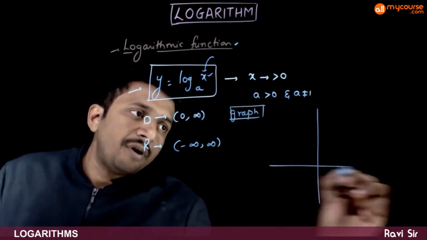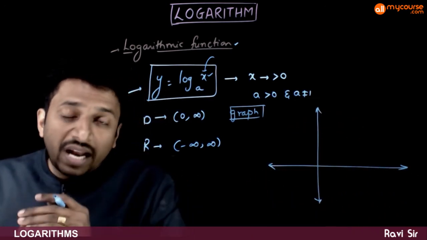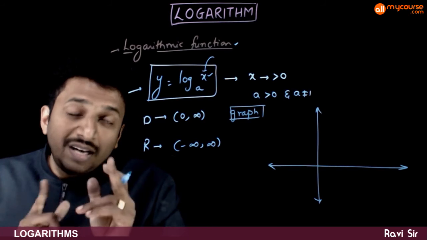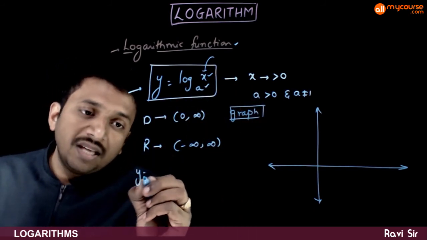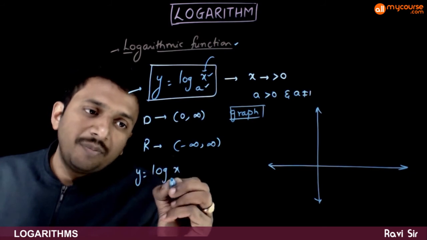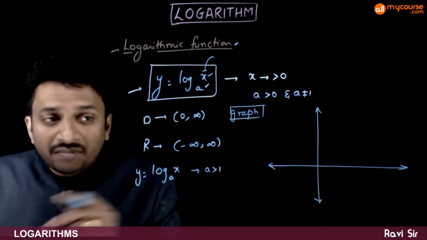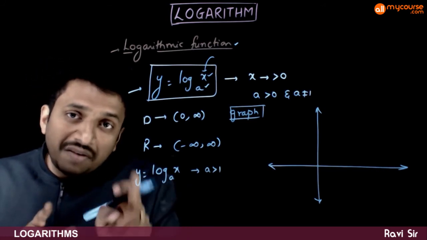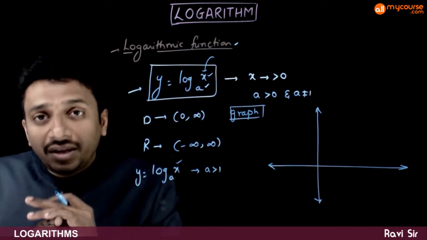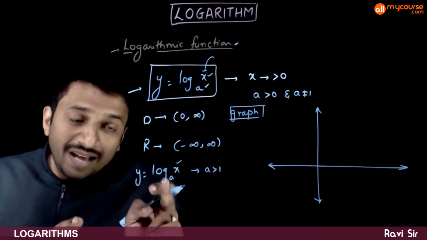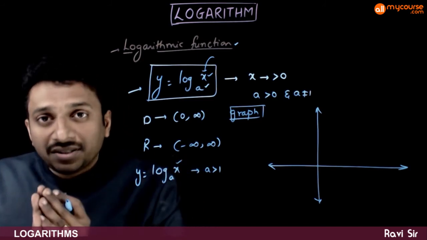So how does the graph of the logarithmic function look like? There are two possible graphs for the logarithmic function, depending on base a. So y is equal to log x to the base a, if a is greater than 1. If the base is greater than 1, we have seen that as the argument increases, the value of log increases. So with x, y also increases.